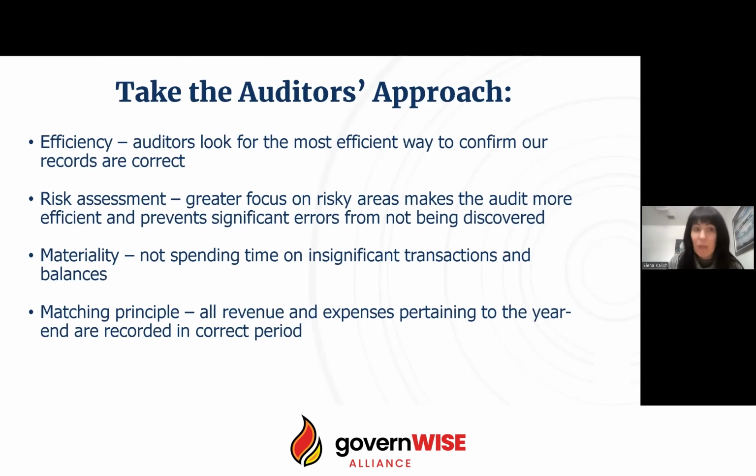Okay. So another principle that's very important for year-end preparation is what's called matching principle. So what that means is all revenue and expenses that belong to our year-end need to be recorded in the year-end. So that makes sense, right?